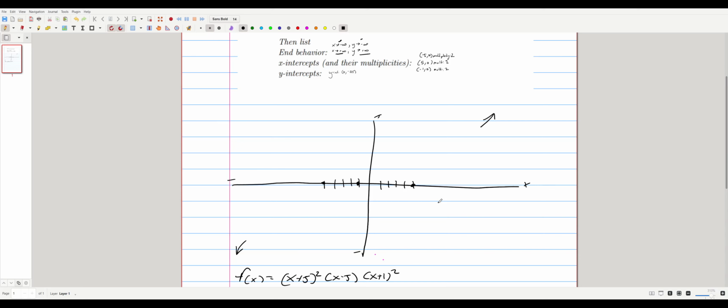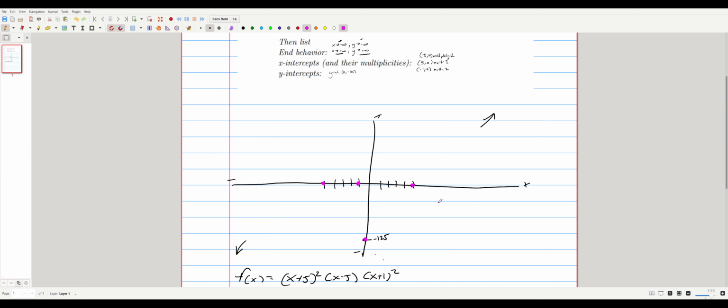And then our y-intercept is (0, -125), so I'm not going to draw 125 of these lines. I'm just going to put -125 here, and so there is our point. And so what I'll do is do these in a different color like I should have done from the beginning. So this is (-1, 0). This is (-5, 0). This is (5, 0), and this is (0, -125).